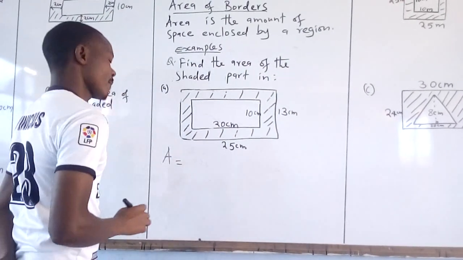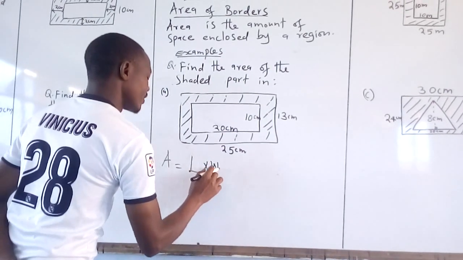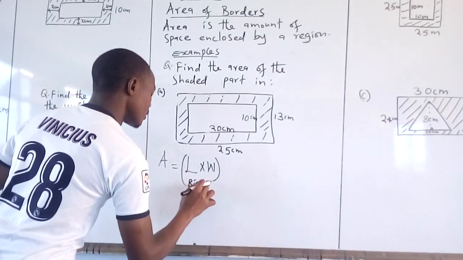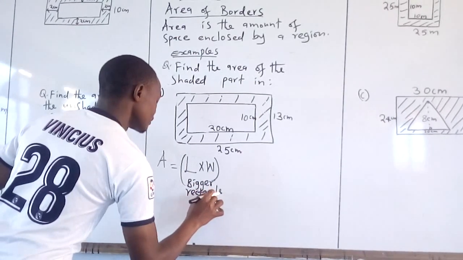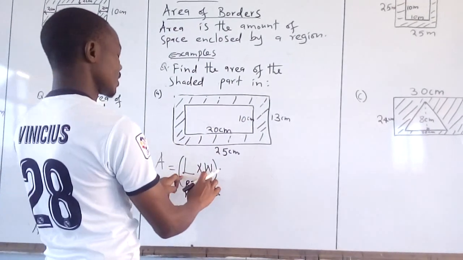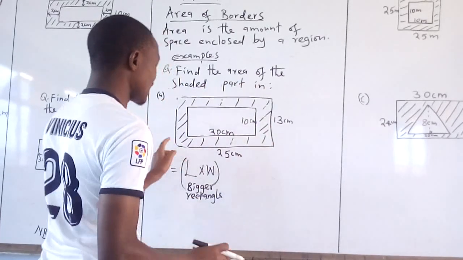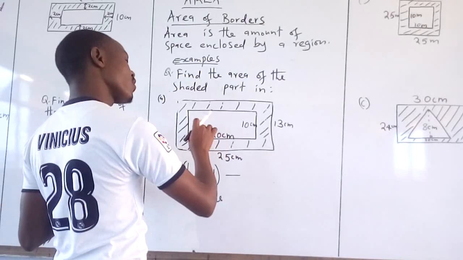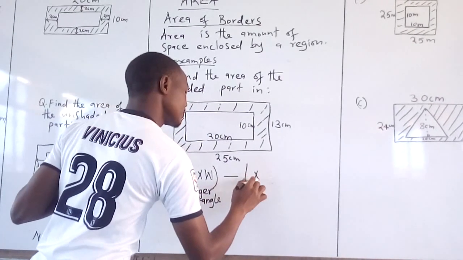Area is equal to length times width for the bigger rectangle first. Then you subtract the area of the smaller rectangle inside, which is still length times width.